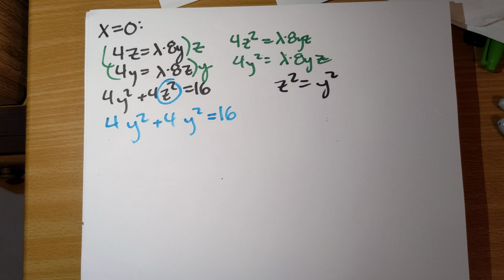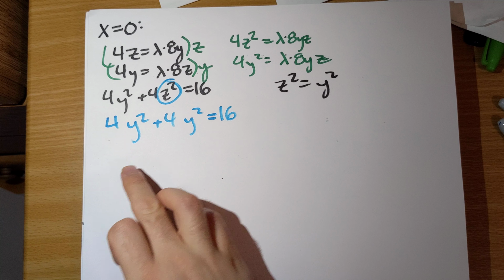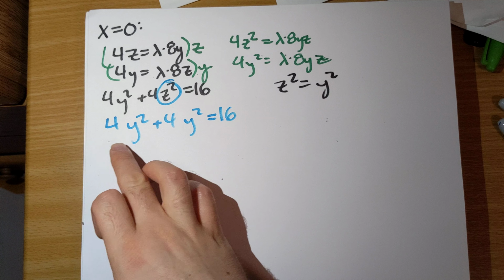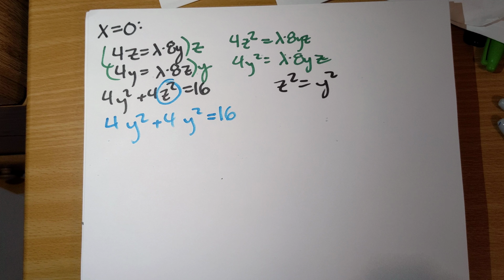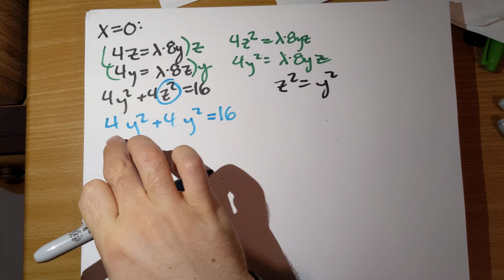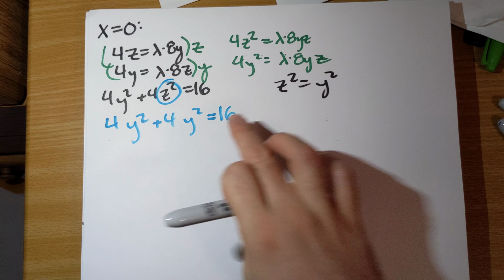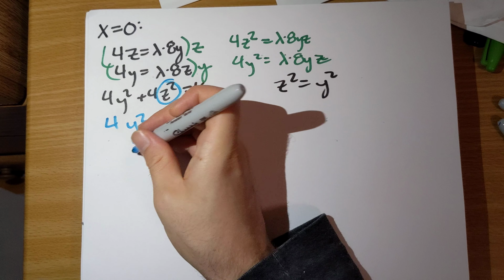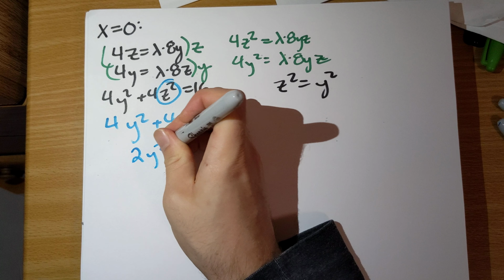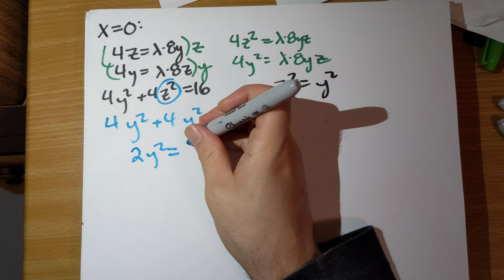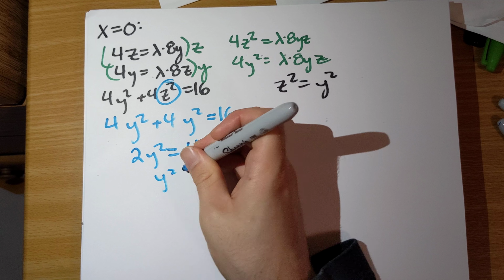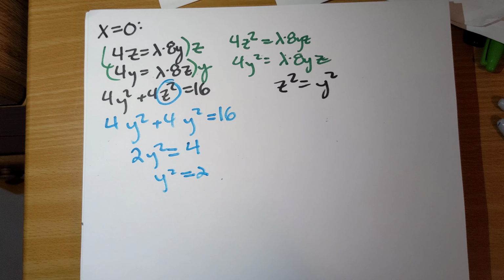If we divide everything here by 4, we end up with 2y squared is equal to 4, or y squared is equal to 2.